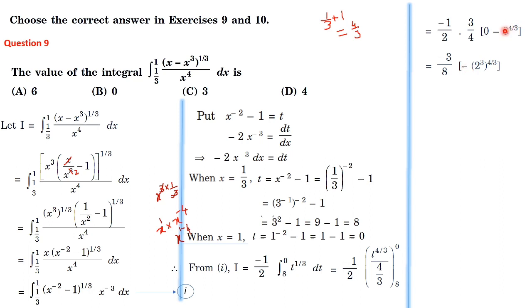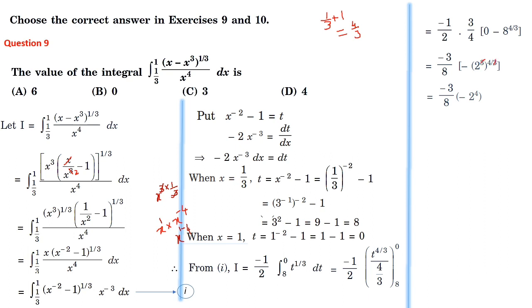This 8 I am splitting as 2 cube. When we factorize 8, we get 2 cube. So 2 cube, the whole power 4 by 3. Then minus 3 by 8 into, here this 3 and this 3 we can cancel because we have to multiply the powers. Multiplying the power means 3 into 4 by 3 will come. So this 3 and this 3 will be cancelled.